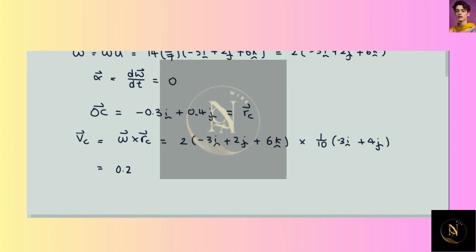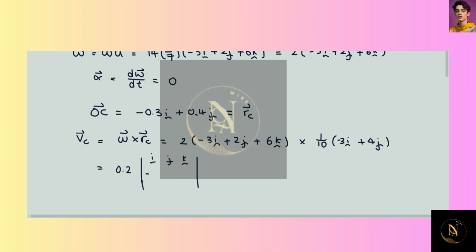So VC is just omega cross RC. This is 2 times minus 3i plus 2j plus 6k cross with 1/10 times 3 minus 3i plus 4j, and then you have 0.2 times. To do the cross product, we will just arrange in a determinant form.